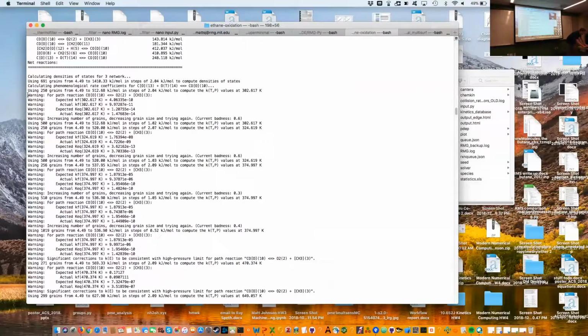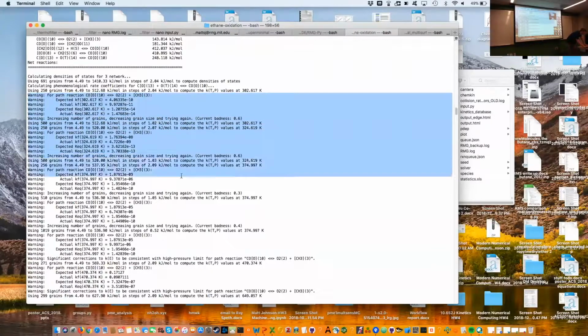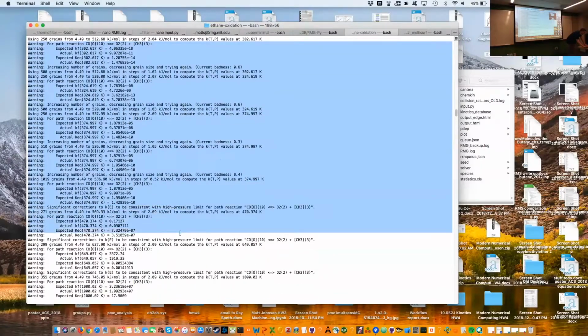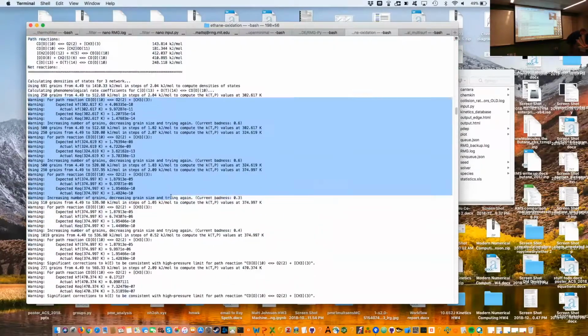You also see a lot of these warnings, which are essentially each iteration comparing what it expects to get with what it's actually getting, until it gets in reasonable agreement.